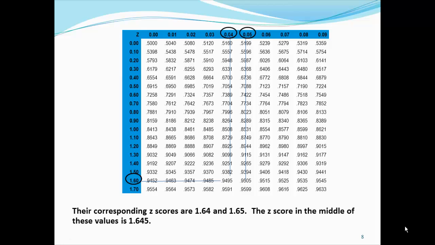The midpoint between the z-scores 1.64 and 1.65 is 1.645. Therefore, the z alpha over 2 value that we will use is 1.645.